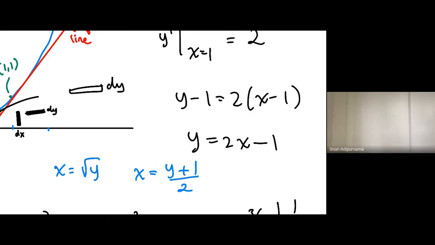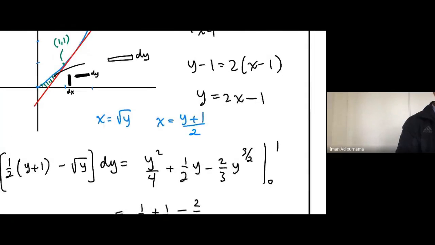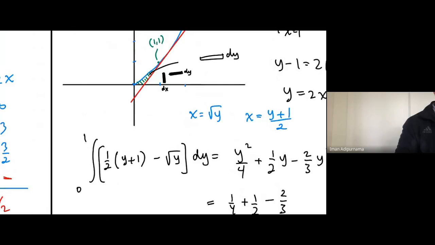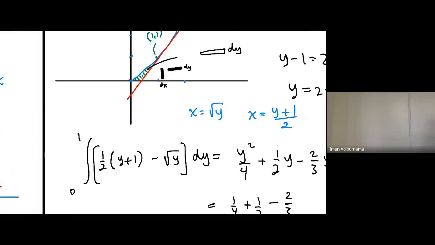So we will have these two curves. So the line equation minus the square root of y, because we are using dy.